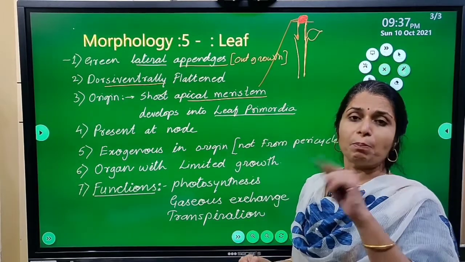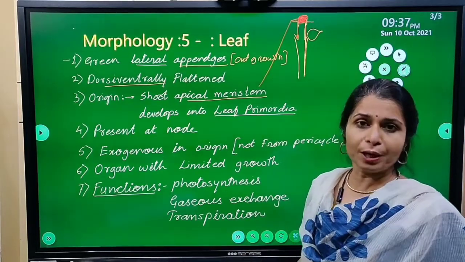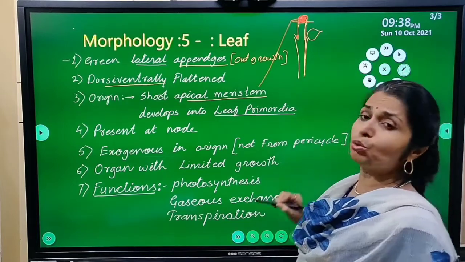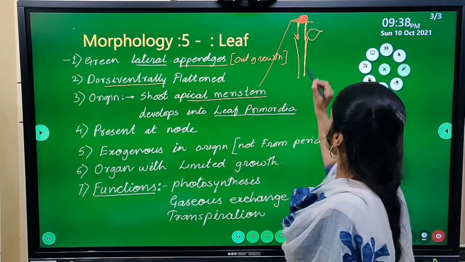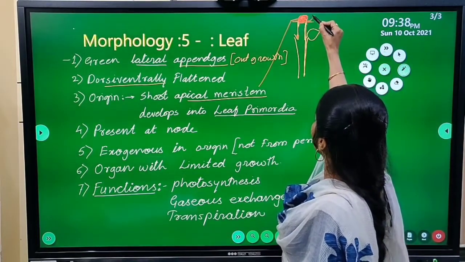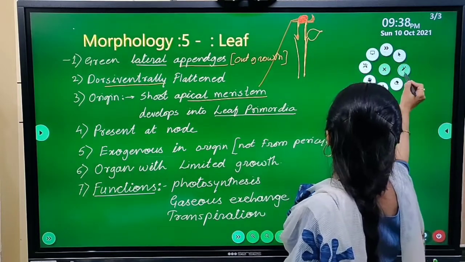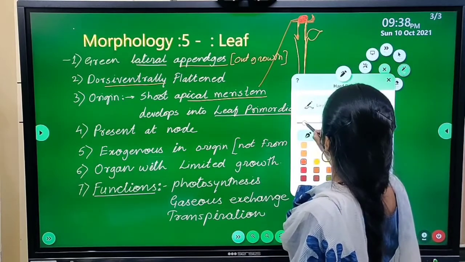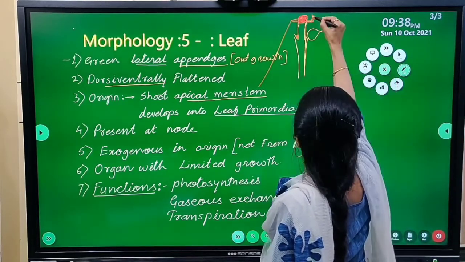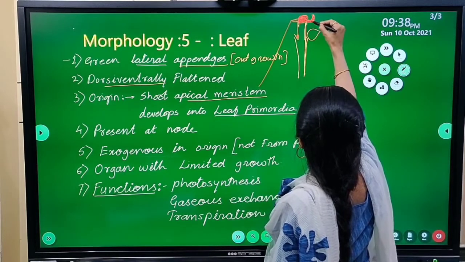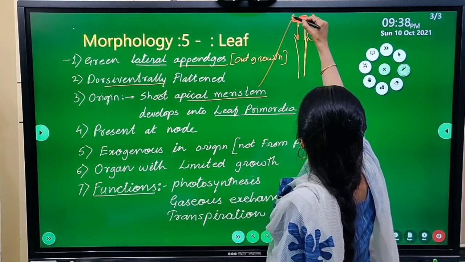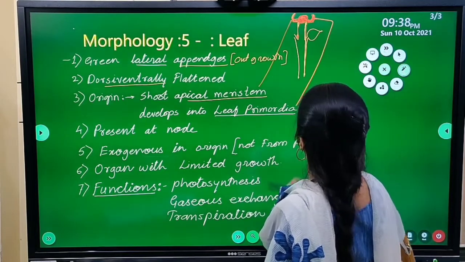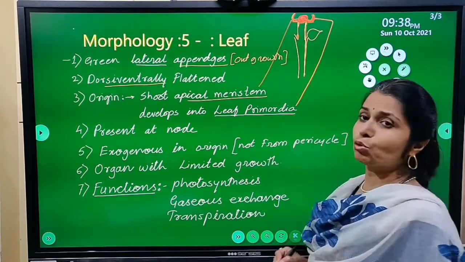So shoot का apical meristem यहाँ से originate होंगे. So it originates from shoot apical meristem and develops into leaf primordia. Okay, so ये shoot apical meristem जो है वो थोड़ी सी outgrowth develop करेगा. ये इधर से outgrowth develop करेगा. ये जो outgrowth है इसको बोलेंगे leaf primordia. ये जो outgrowth है इसको क्या बोलेंगे?